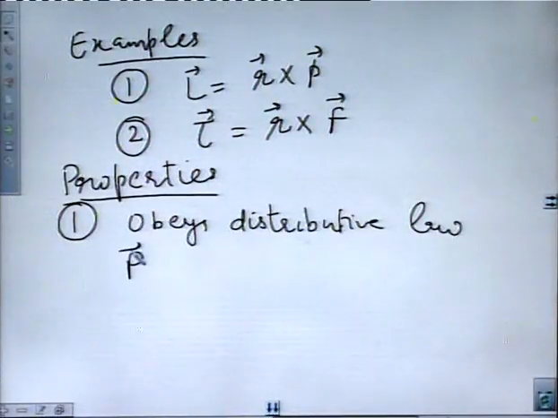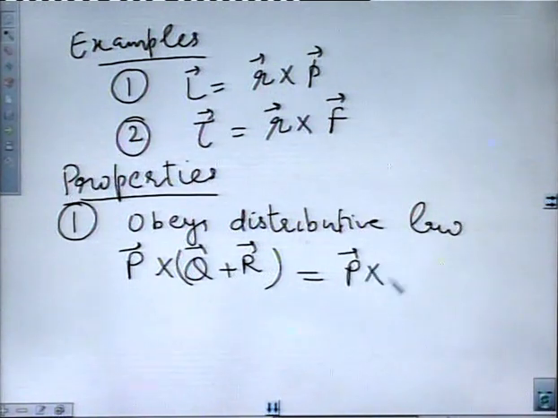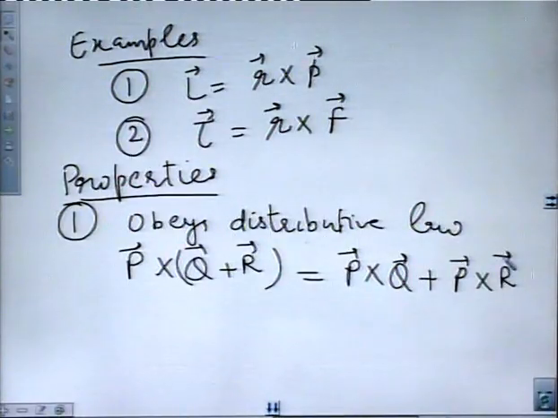If we take three vectors p, q and r, we add q and r vector and take their cross product with the first vector p, this will be taken as p cross q plus p vector cross r vector. This is known as distributive law.